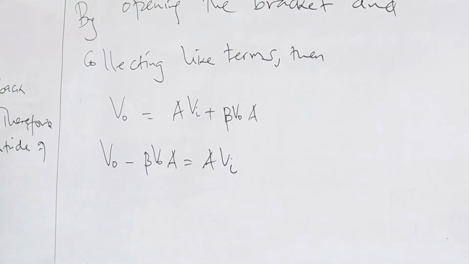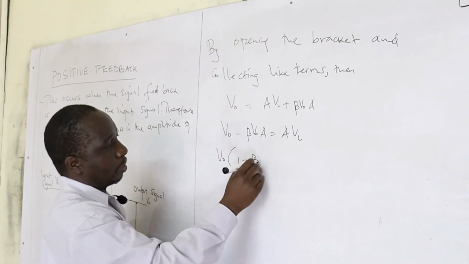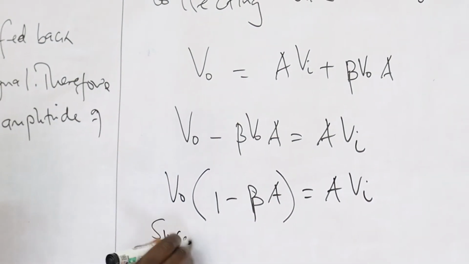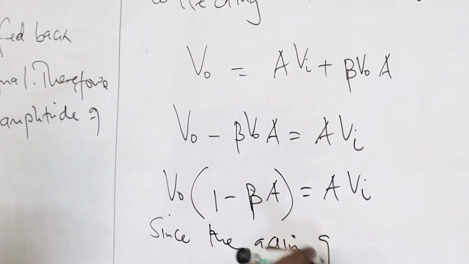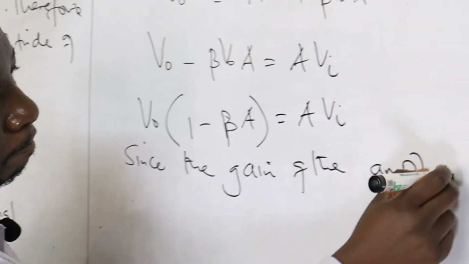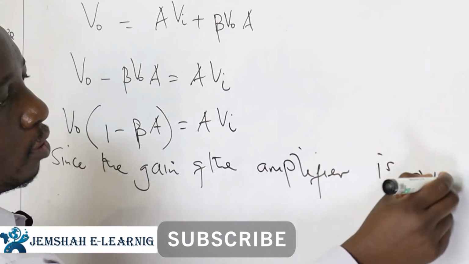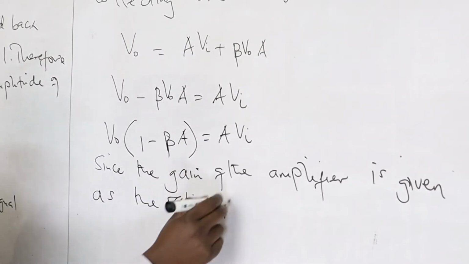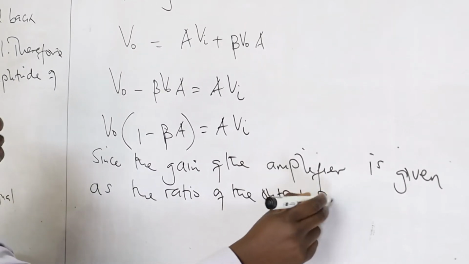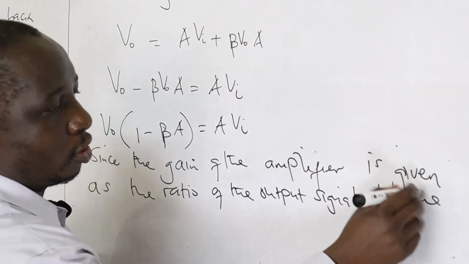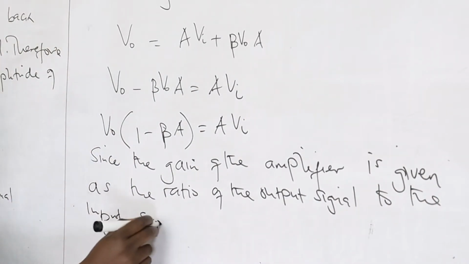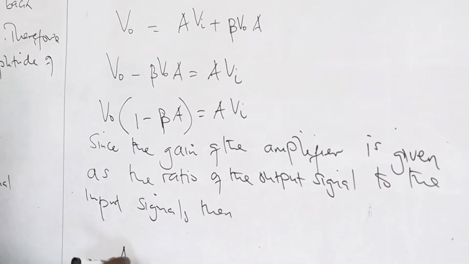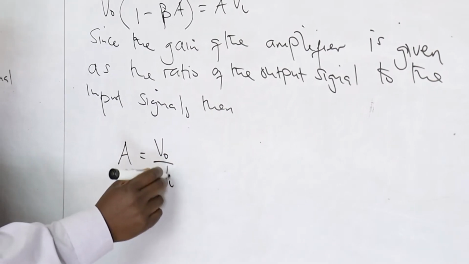We factorize the output voltage VO into 1 minus beta A. Since the gain of the amplifier is given as the ratio of the output signal to the input signal, then we can have our gain being equal to VO over VI.